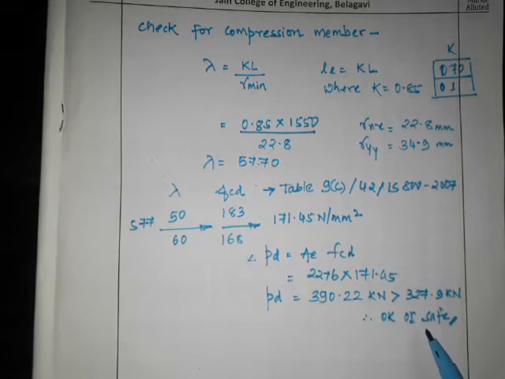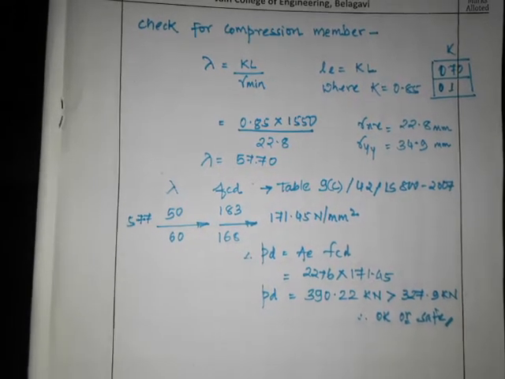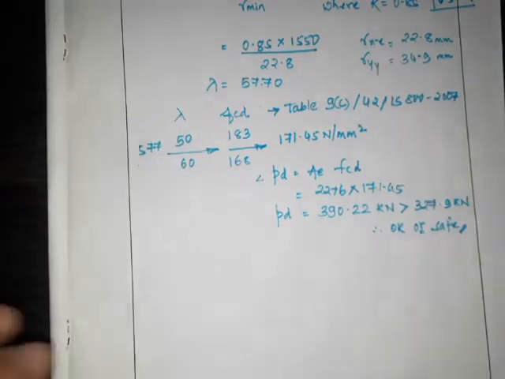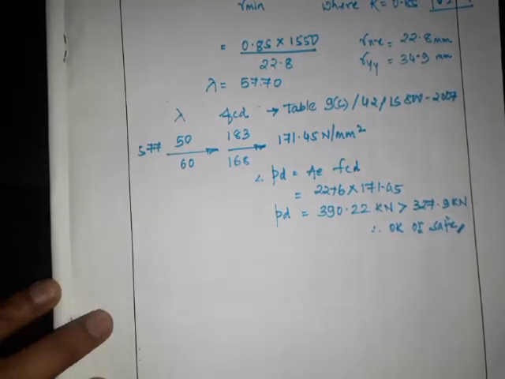Now the same member we have to check whether it is safe to carry the design tensile force. So we will begin with that. First of all you have to go for design of connection.